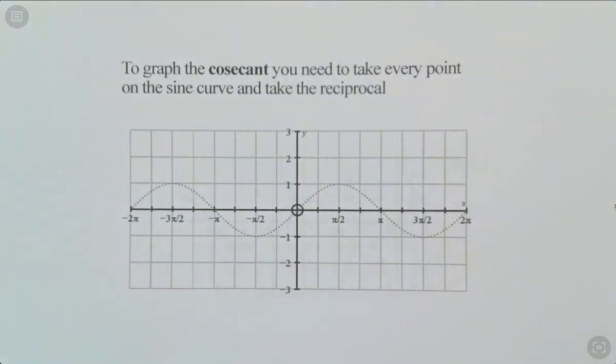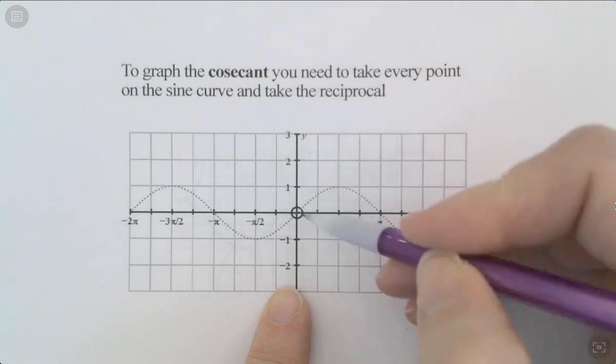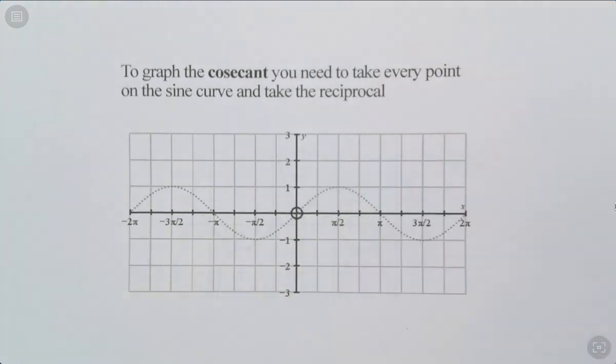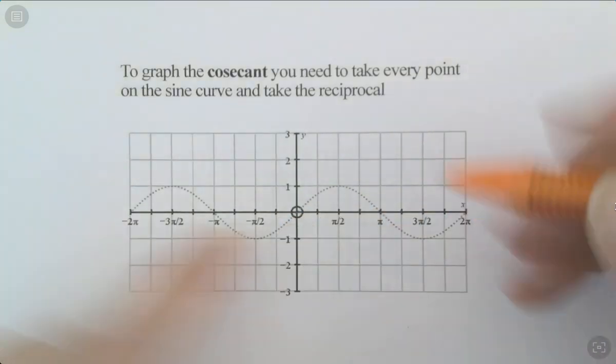So, for example, if we go to the origin, that y-coordinate is 0. What would be the reciprocal of 0? Undefined. And what do we graph whenever it's undefined? An asymptote. So wherever the sine curve crosses the axis, we're going to have an asymptote.